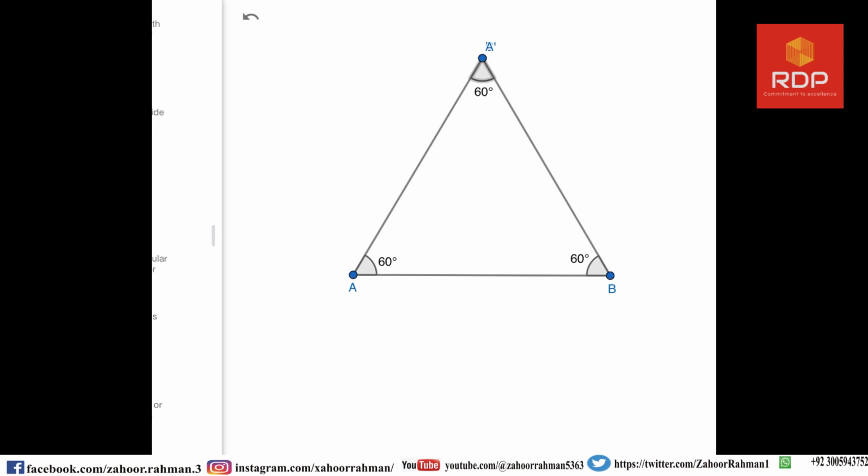So this is, on the basis of angles, an equilateral triangle, and on the basis of acute angle triangle, this is equilateral because all the sides are equal.